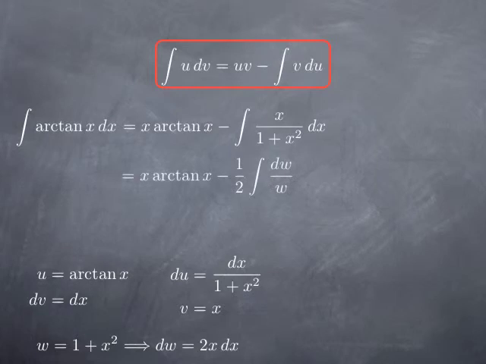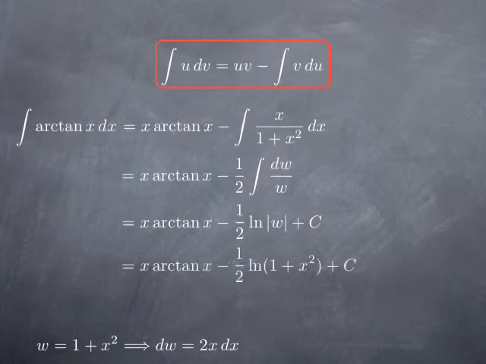So we replace x dx by 1/2 dw, 1 plus x squared by w, and we obtain x arctangent x minus 1/2 integral of dw over w, whose antiderivative is natural log of absolute value of w. Because w was 1 plus x squared, it's in particular positive, and so we obtain x arctangent x minus 1/2 natural log of 1 plus x squared, up to a constant.